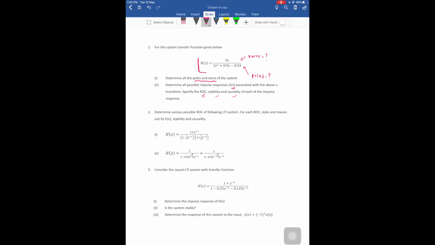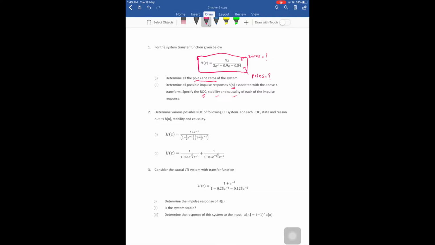Okay, so if you look at this transfer function, it is actually not similar to the general transfer function that you need to have. So what you have to do first is you need to modify this transfer function.